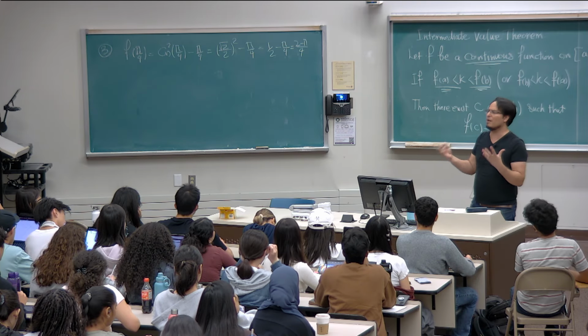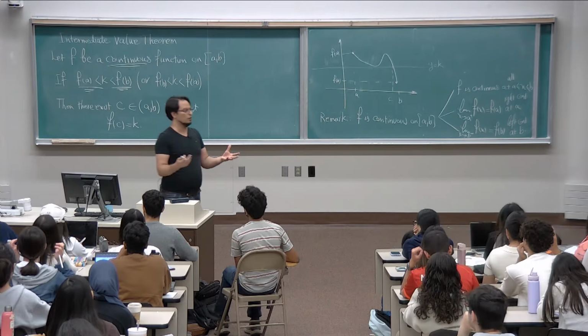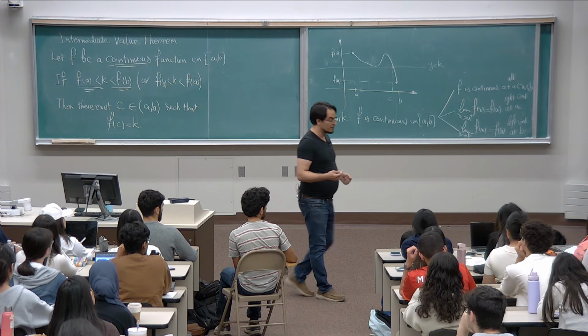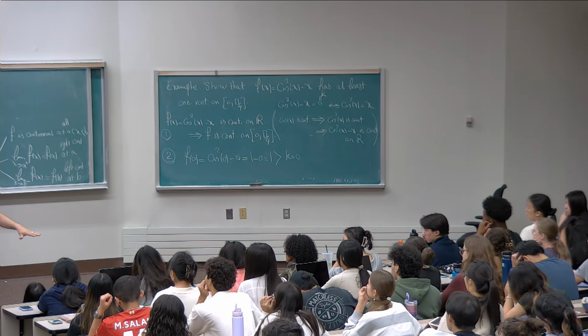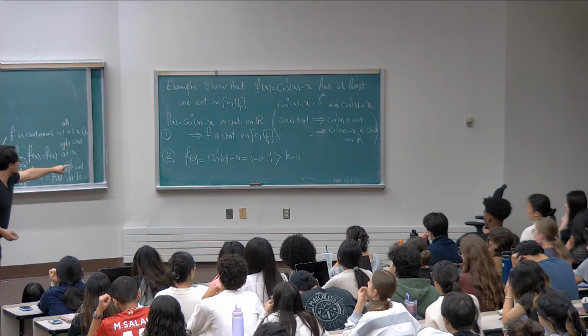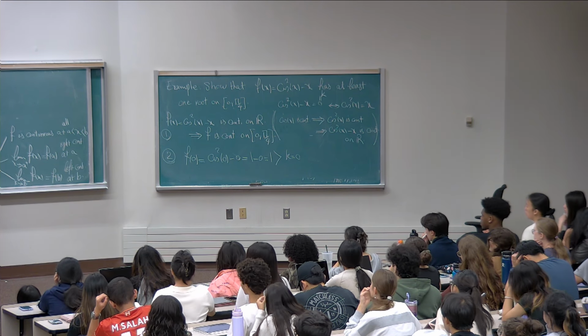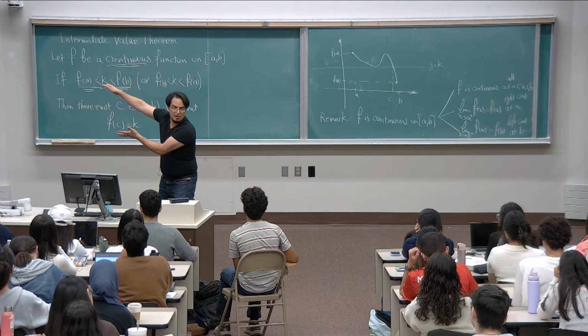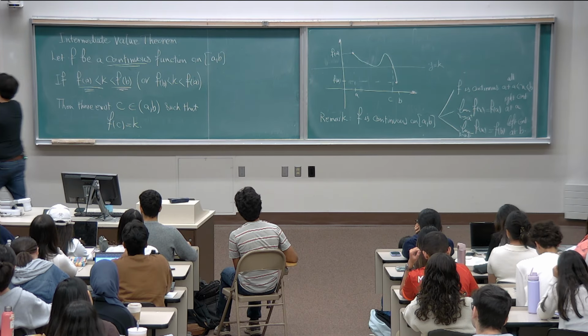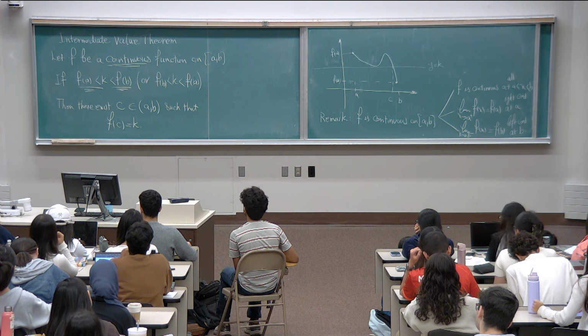F at pi over 4, what should I show? Less or greater than k. Less or greater than k is just 0. Here, in this case, we already showed that this is bigger than 0. So the only thing I need is whether this number is negative or positive.